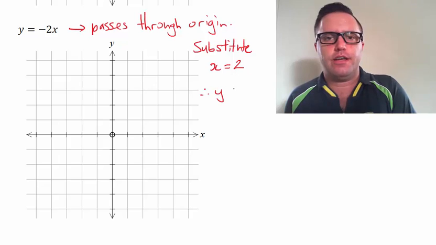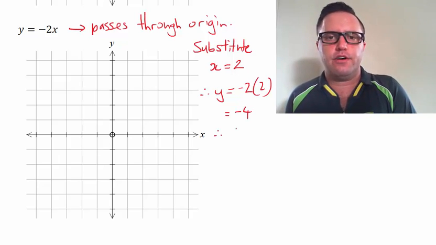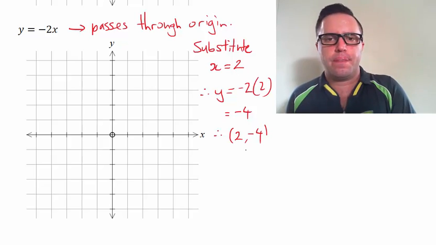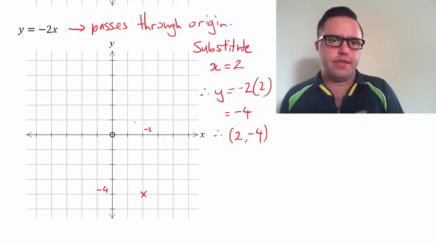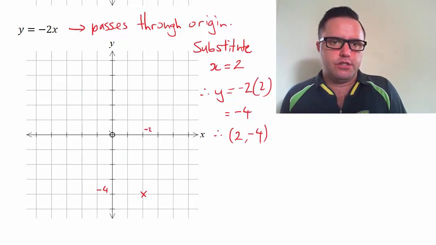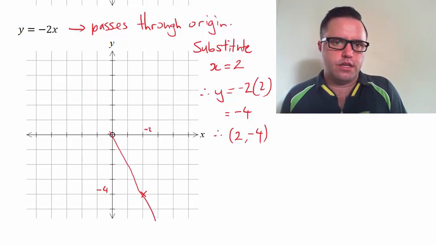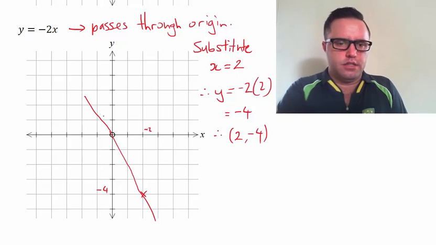Therefore y equals negative 2 times 2, so y is equal to negative 4. Another point on this line is going to be (2, -4). So go across 2 and down to y equals negative 4. Here's our other point, and we know the other one's through the origin. So there is our line.